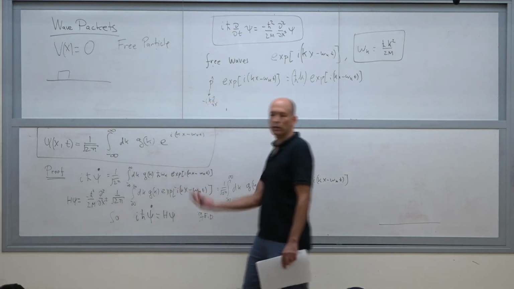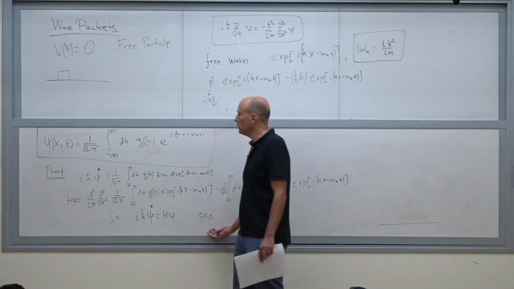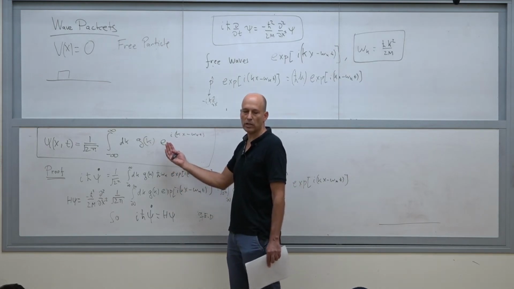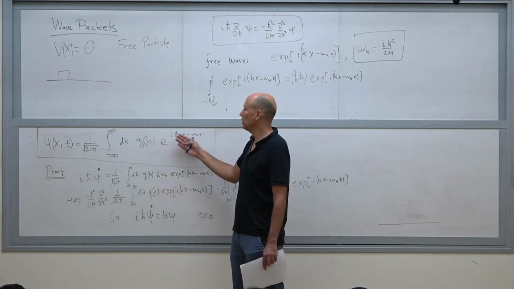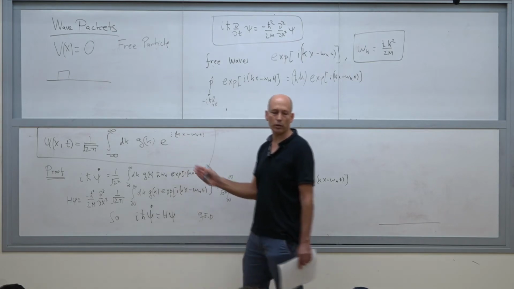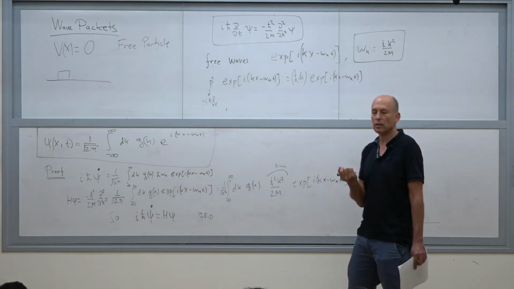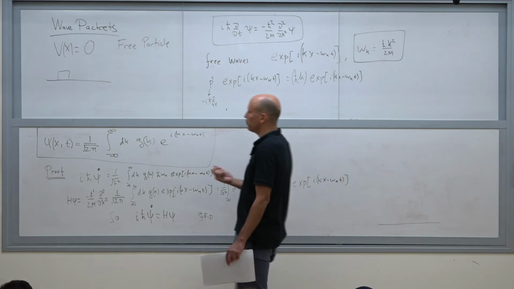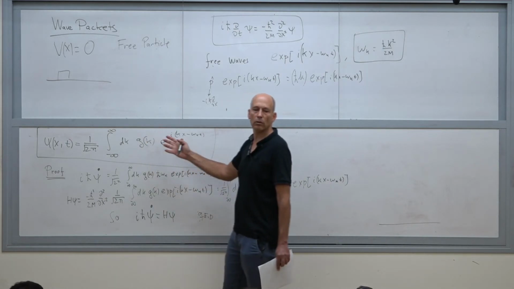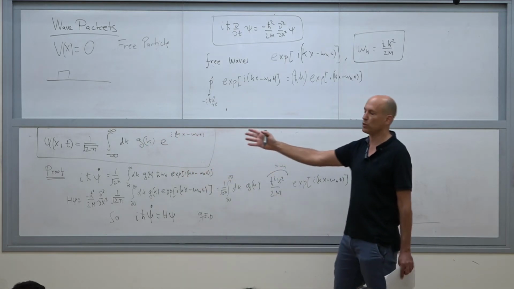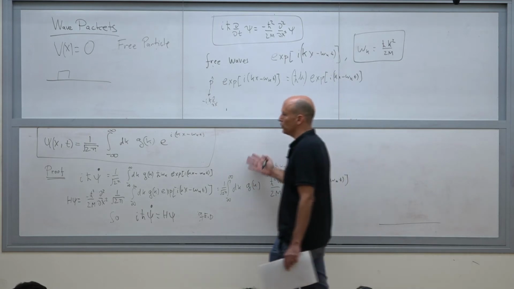Now, of course, we have to read it in the backward way. You start here and get here. It just means I can guess a solution, and this is the solution. Of course, I didn't really guess it because I just used the superposition principle, and this is an obvious solution, so okay, this is a solution.